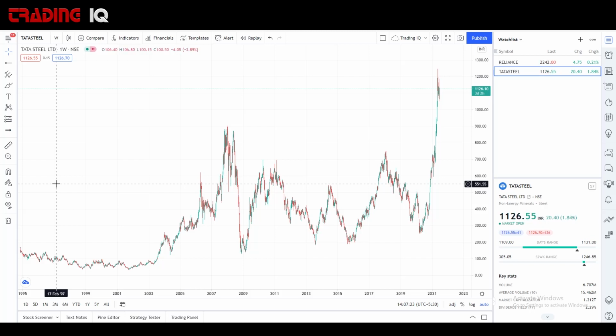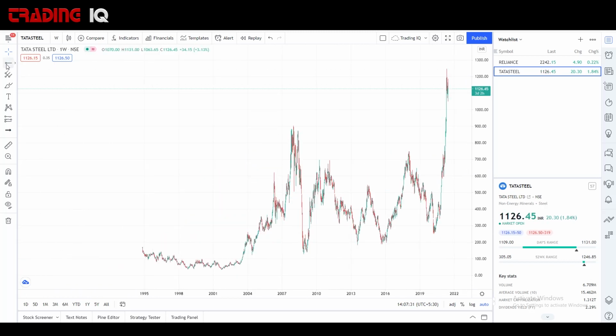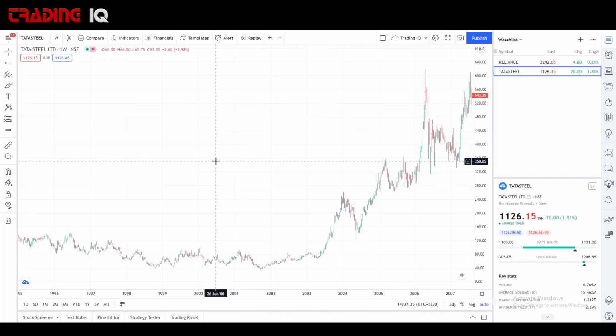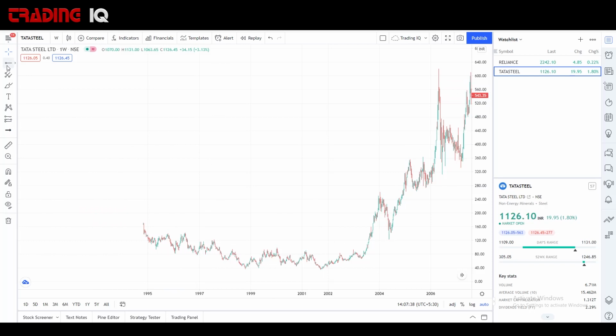Now, let's understand what resistance is. It is the exact opposite of the support level that I shared with you, right? So let's look at it, try to figure it out, and make some drawings. When Tata Steel joined the stock market back in 1994, it started at 172 rupees.